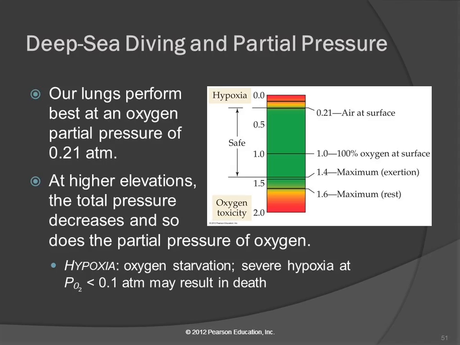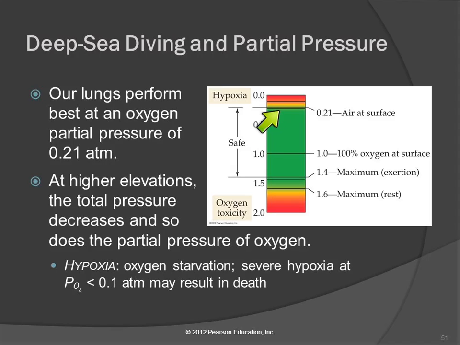This idea of partial pressure is important in deep sea diving or scuba diving. Our lungs work best when the oxygen partial pressure is 0.21 atmospheres. And here's a little graph. This is normal air at the surface, which has 0.21 mole fraction of oxygen.